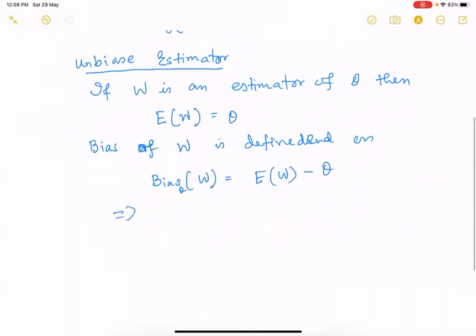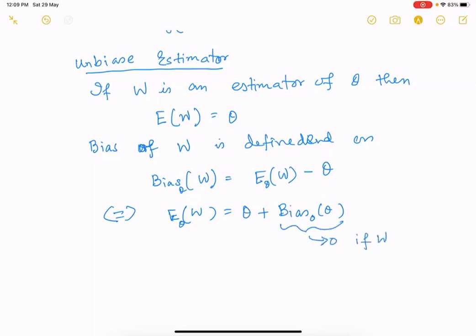Sometimes it is also written as expected value of W is theta plus bias. Now, of course, if it is unbiased, then this will be 0. So bias is 0 if W is unbiased, otherwise some real number.